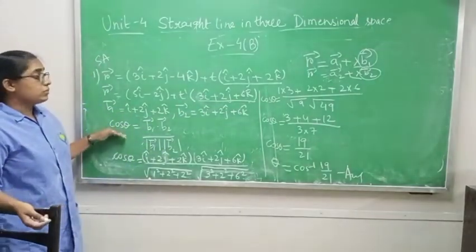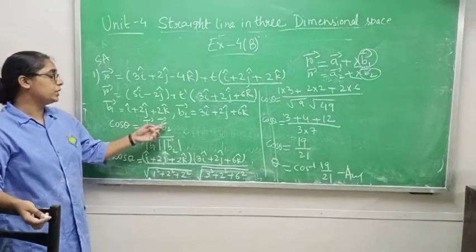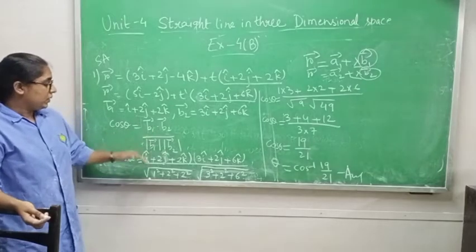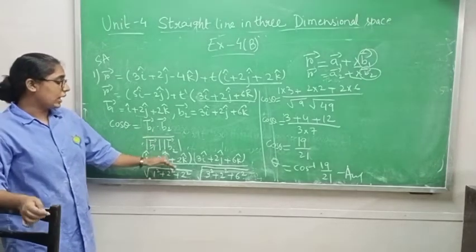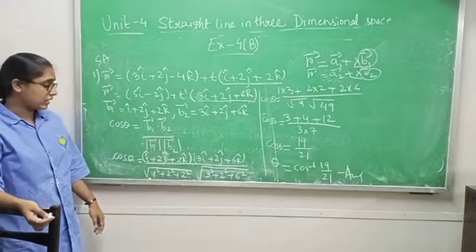Now the cos theta formula, since you have to find the angle, is b1 vector dot b2 vector divided by mod b1 vector mod b2 vector. b1 vector is i cap plus 2j cap plus 2k cap, b2 vector is 3i cap plus 2j cap plus 6k cap.